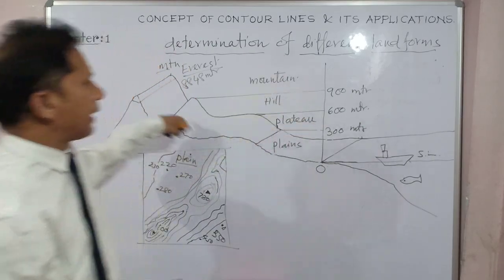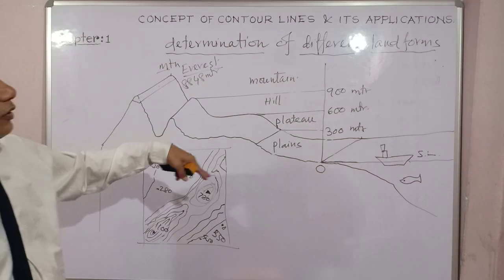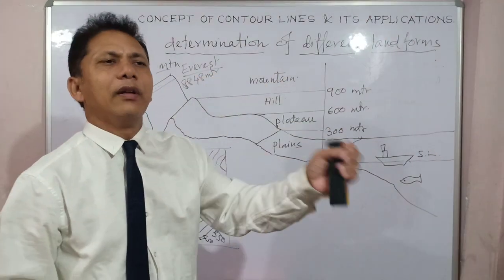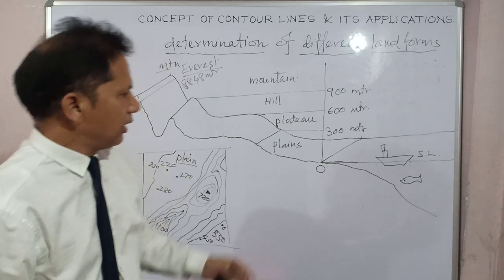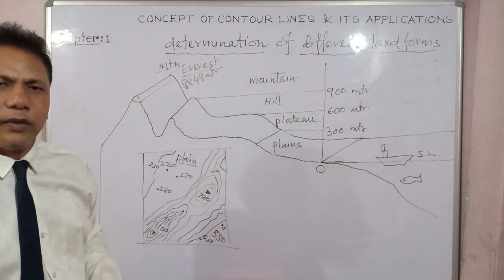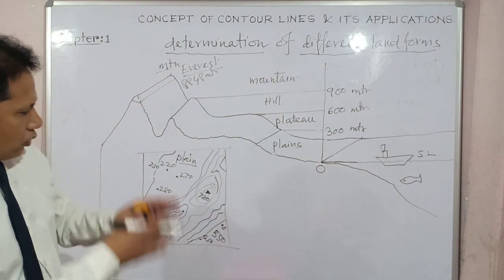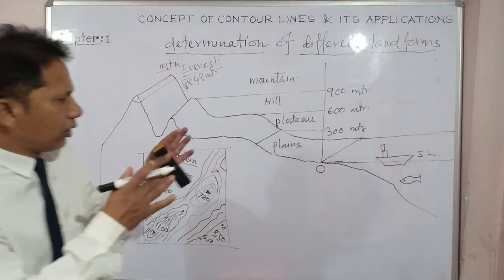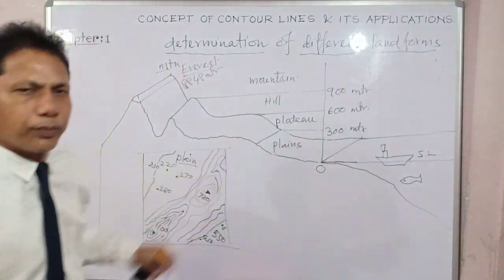So this concept of determination of different landforms with the available symbols of height is very, very important, right? Clear? That's why I thought of giving you a special session about this particular issue.